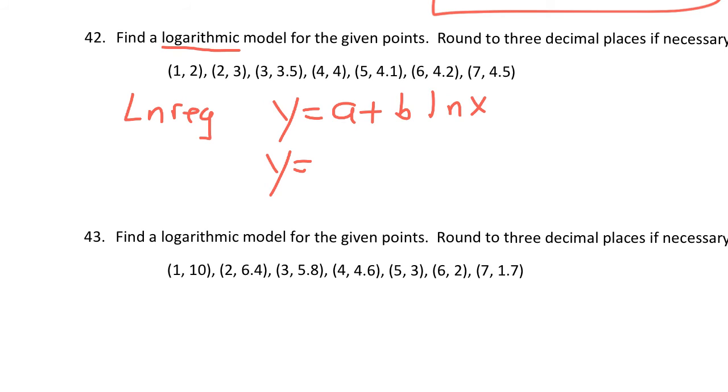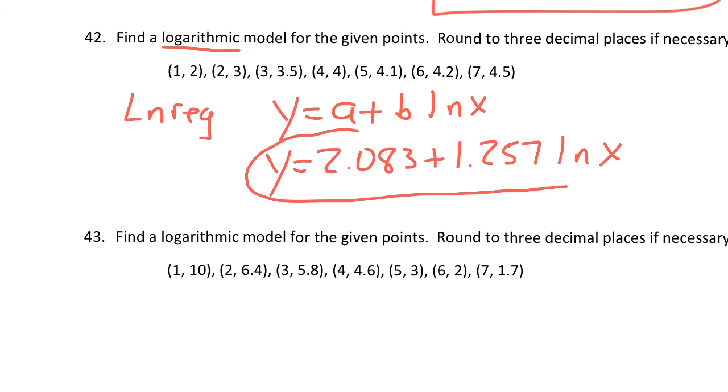It tells me that my calculator says y equals 2.083 plus 1.257 and natural log of x. Now, don't add those. I know in the past I've had a few people always get tempted to add these numbers together. Remember, multiplication takes over before you can do the addition. So you aren't making it simpler by adding those together. We must leave it just like that.